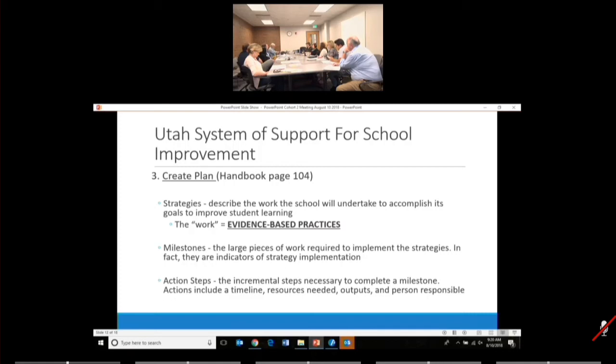provide as a state. I just went to a meeting in Washington, D.C. the last week of July with people from the other states across the nation. They're all grappling with this. A few states have put together some guidance documents. Washington State for many years has had pages on its website with lists of reading things that they had approved and math things they had approved. There are some national websites.